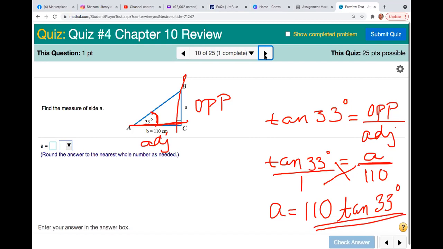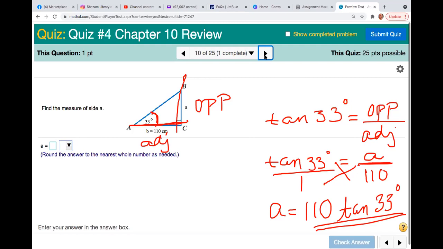So guys, I want you to set yours up very similar to mine. Look at the template right here. The length of the side that is given to you, as long as it looks like my triangle, times tangent of the measure of whatever angle they gave to you.